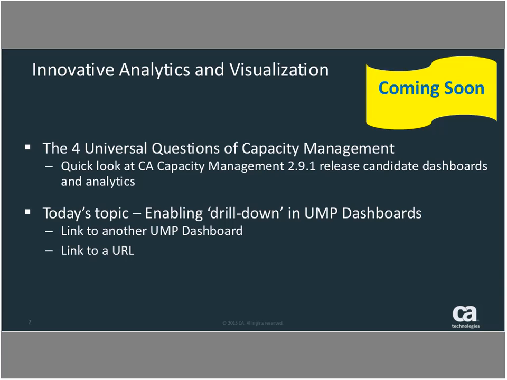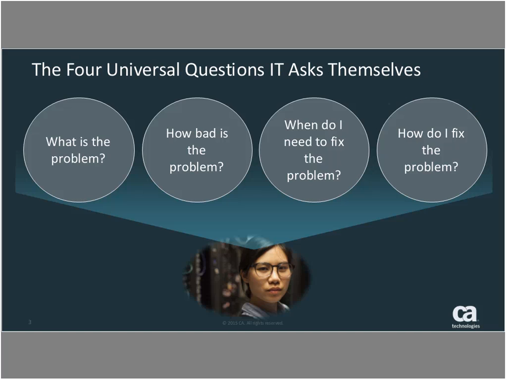To set the stage, I'd like to take a step back and provide context for the demo. The 4 universal questions that IT asks themselves. So what is the problem?